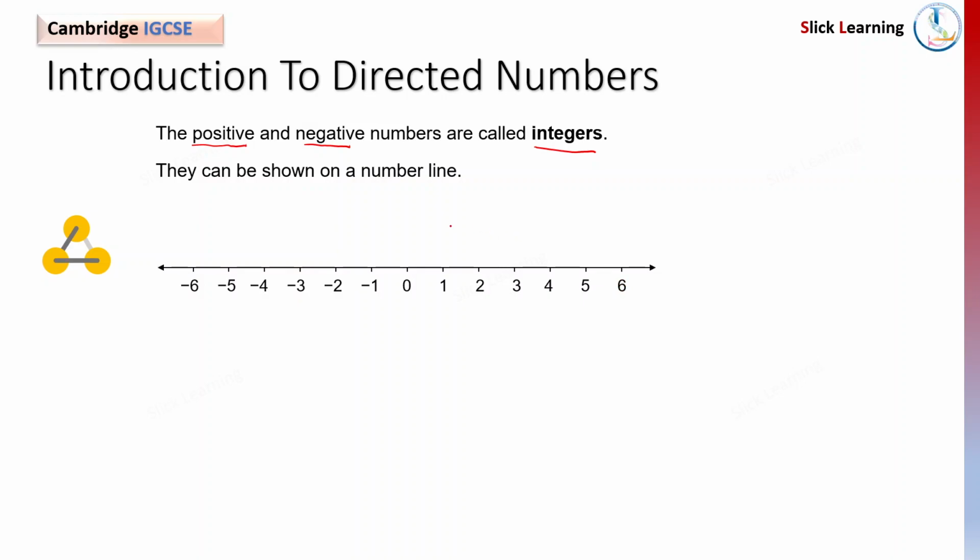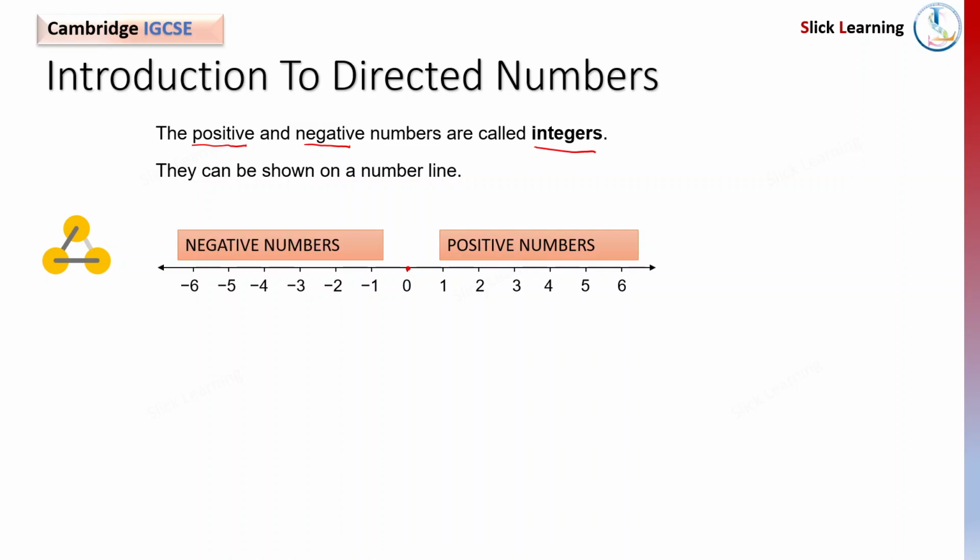So in basics, we can say that if we move towards the left side, those are all negative numbers, and if we go to the right side from 0, which is the center, those are our positive numbers.